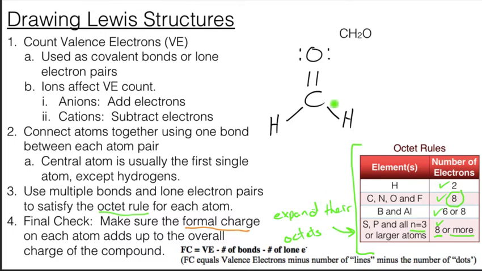Now, in this example, let's just rehash real quick. When I talk about calculating the octet rule, what electrons am I counting? I'm counting the electrons that are dedicated to the atom, either lone pair electrons or shared electrons.